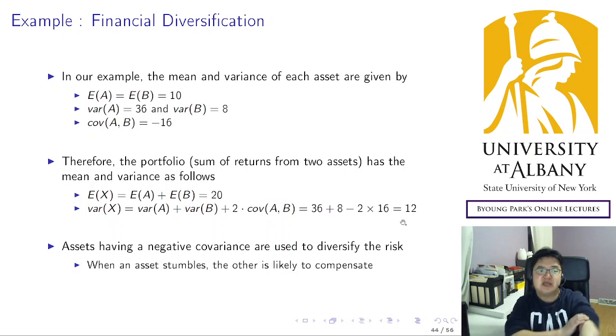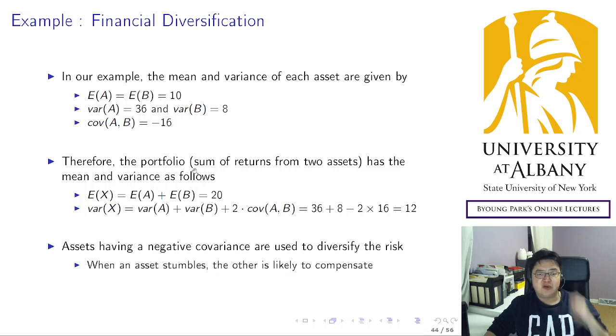And back to our example, you may apply the formula to calculate the variance of the portfolio. Because we know everything. The mean of A and B is 10, and the variance of A was 36, variance of B was 8, and covariance between them was minus 16.